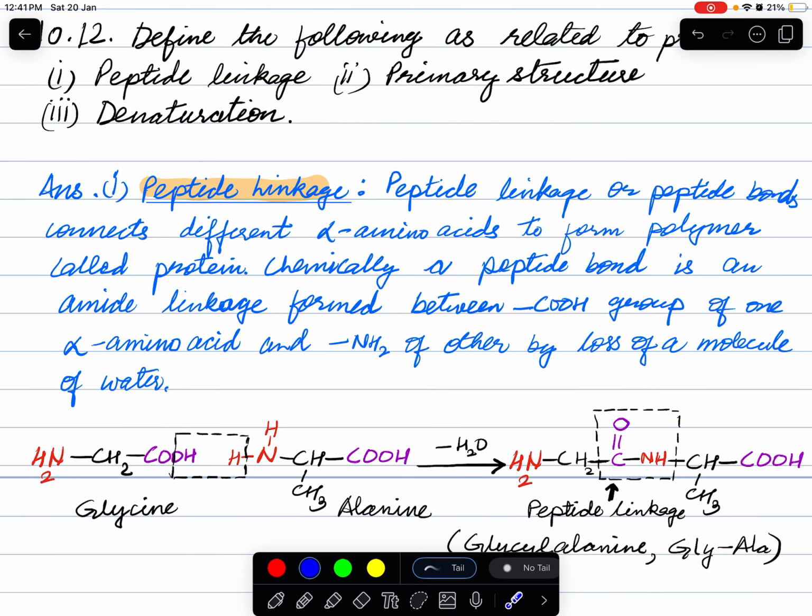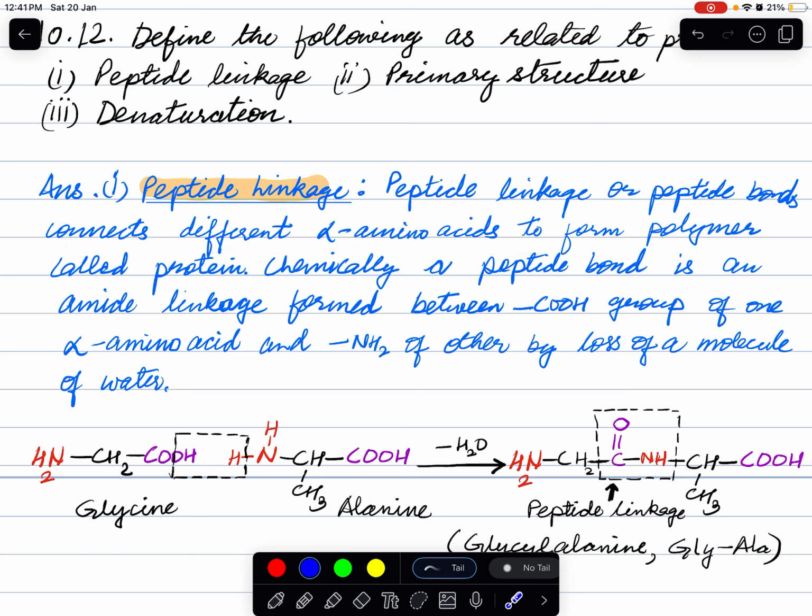These amino acids are connected to each other via a bond which we call a peptide linkage or peptide bond. So the peptide bond connects different alpha amino acids to form the polymer called protein.